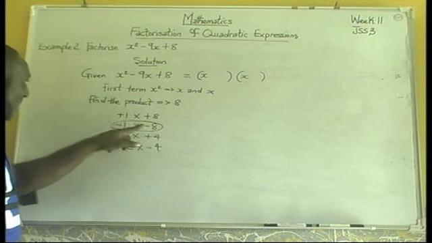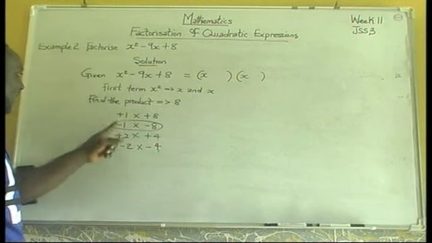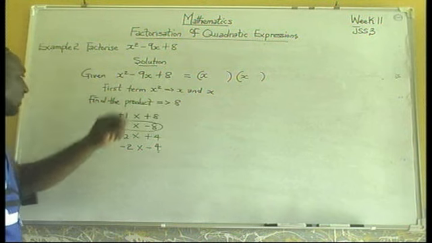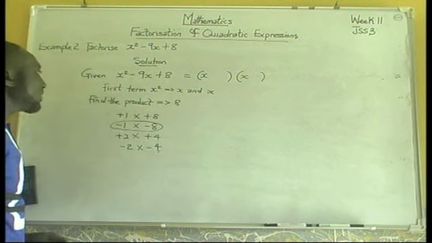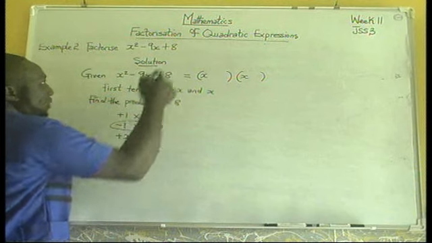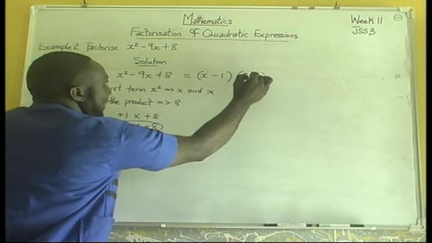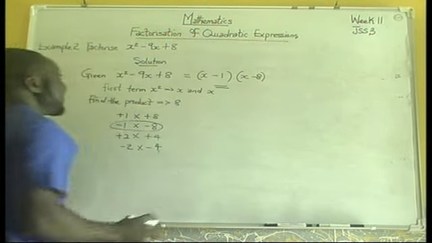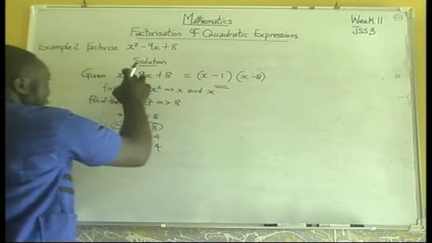Why? Because minus 1 minus 8 gives minus 9, and if you multiply them, it gives the product of the last term, plus 8. So we put minus 1 and minus 8. That's the answer. It's as simple as this. If you open this bracket, you are going to get this.